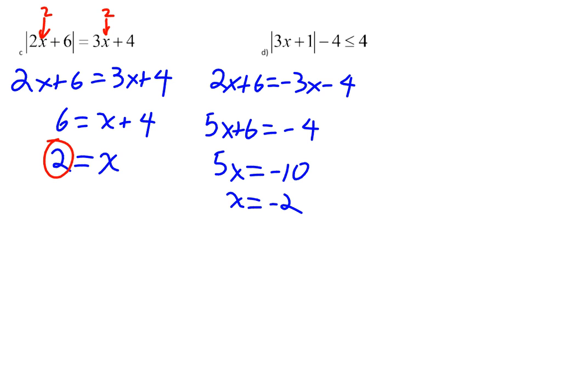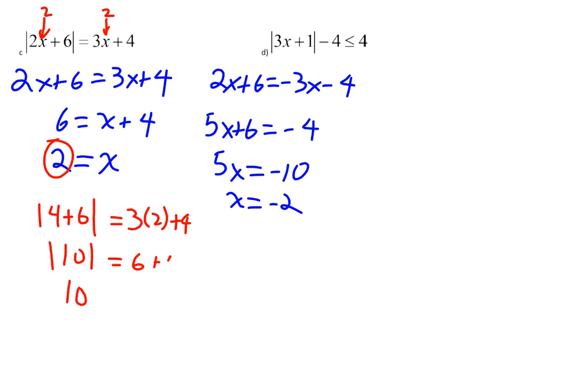If I do the math on the left side, I would get the absolute value of 4 plus 6, which is the absolute value of 10, which is 10. On the right side, I get 3 times 2 plus 4, which is 6 plus 4, which is 10. Does 10 equal 10? Yes. So I know that x equals 2 is an answer.